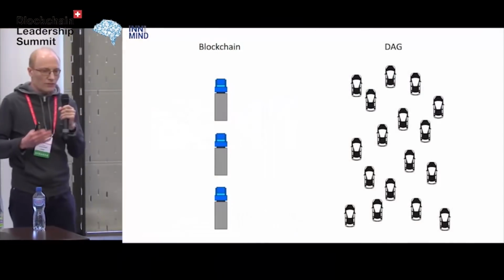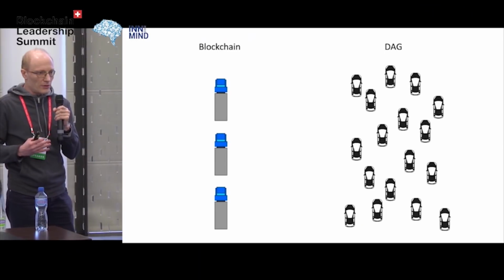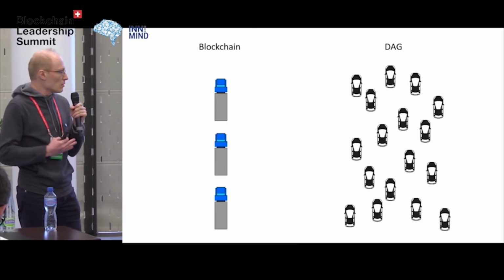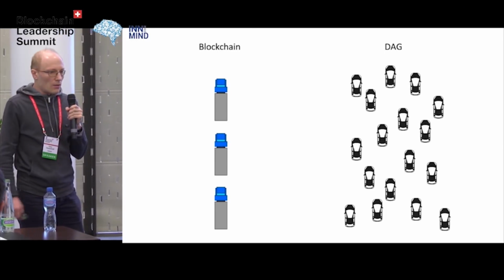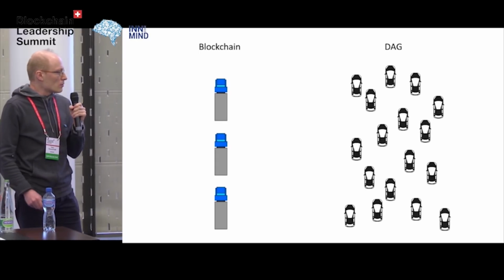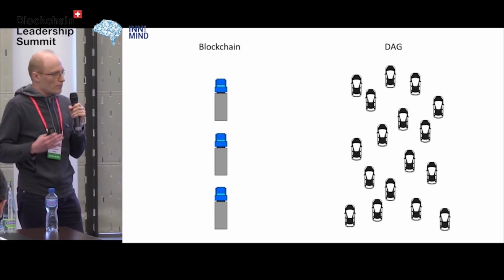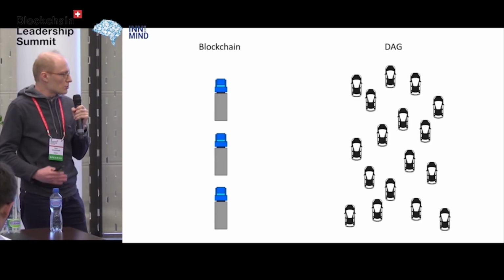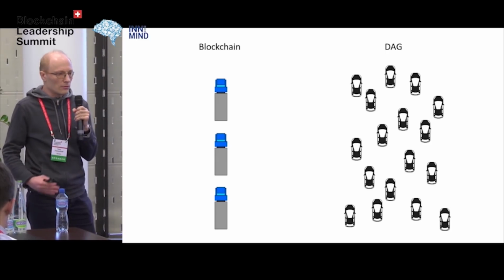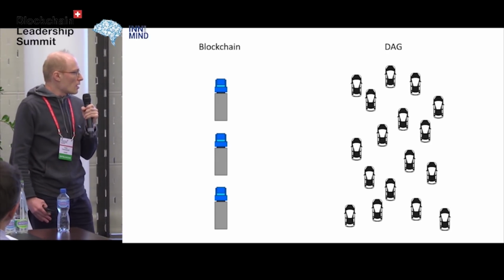Unlike blockchains, where all transactions have to be chained one after another and have to go along one lane, in a DAG we have better capability to adapt to changing demand on transactions.